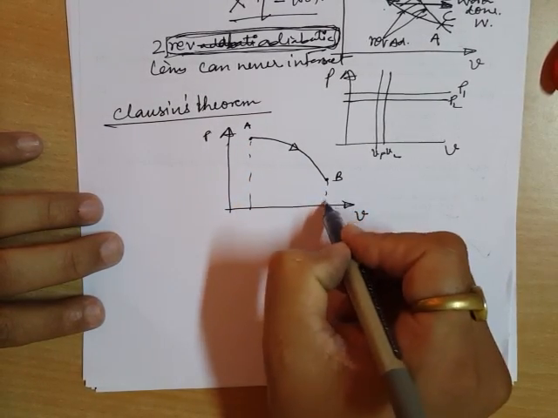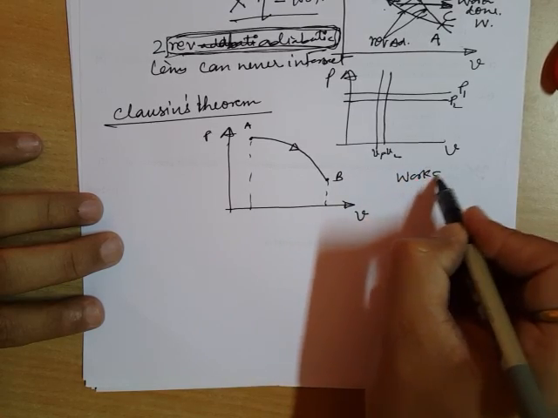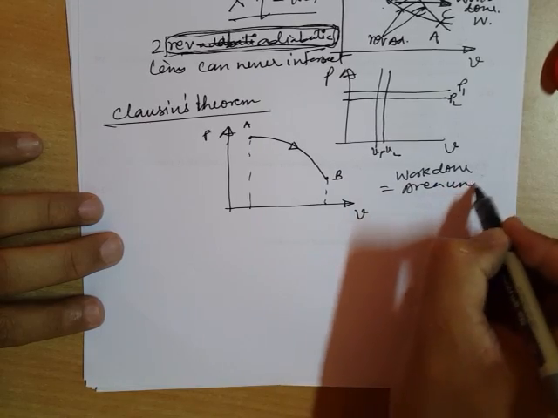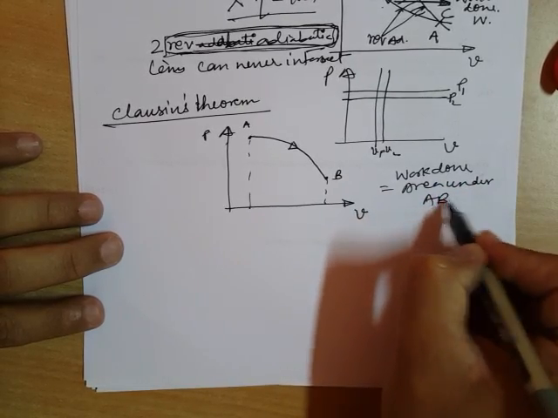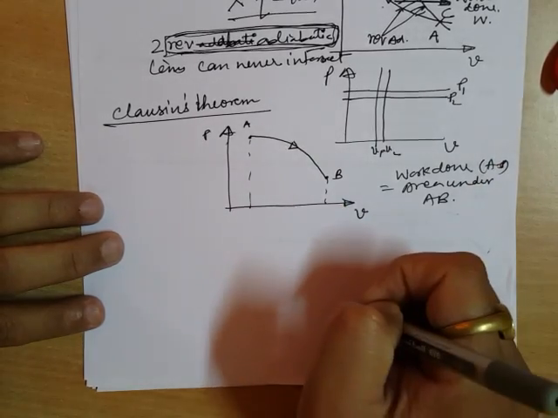And this is the area under this curve. That means the work done will be the area under AB, the work done in the AB path.